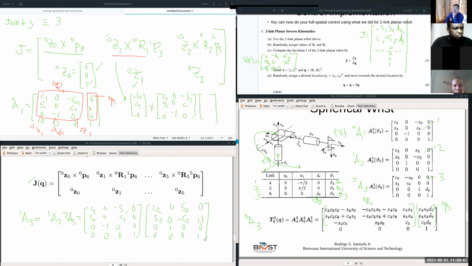Okay, what do you think from here? You can easily deduce. Here there's no translation, and here also there's no translation. So the result of this will be purely rotation, and most likely the position will also be 0.